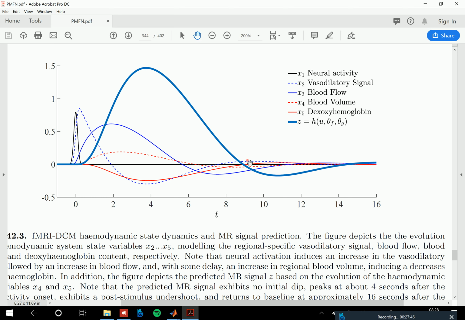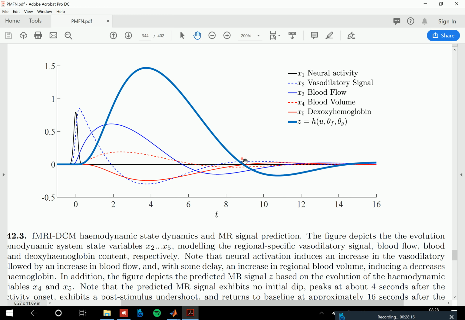And the deoxyhemoglobin, given its nonlinear evolution function that we just saw and only superficially understood, shows a decrease. And in the end, this is what we want if we want to model what we know about the hemodynamics and their coupling to the MR signal.